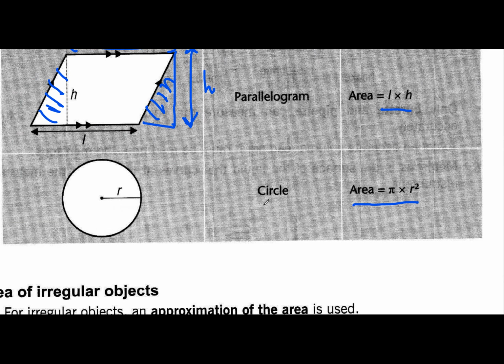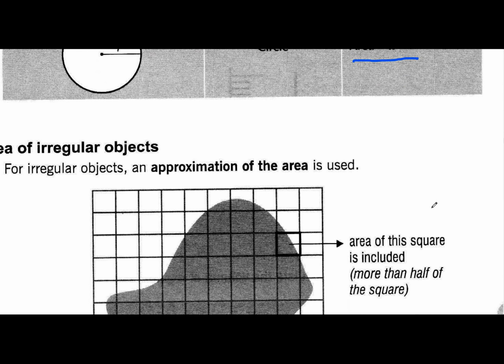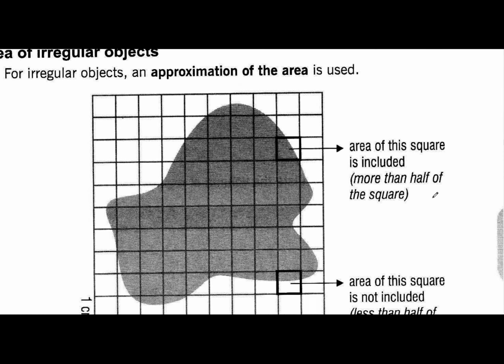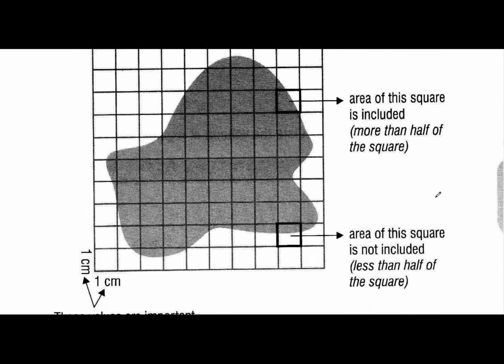To find the area of irregular objects, we need to use approximation. We put the grid over the shape and we count the number of squares. If the shape covers more than half of the square, then it is counted.